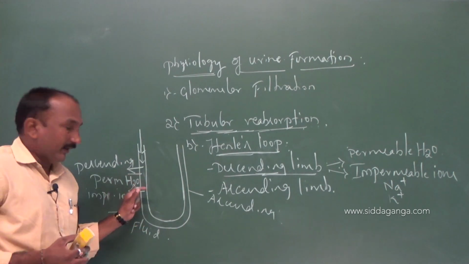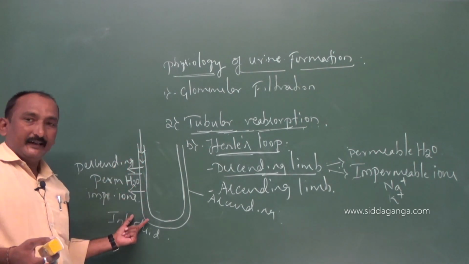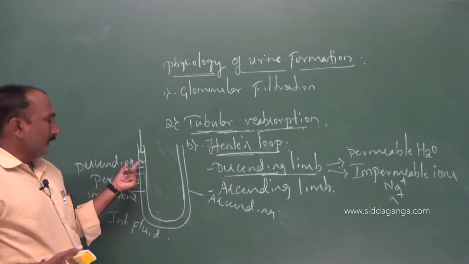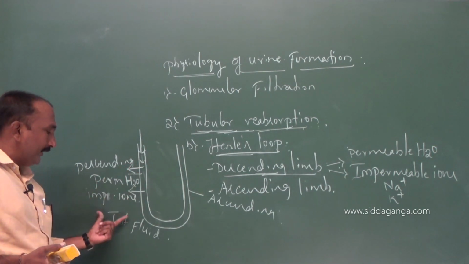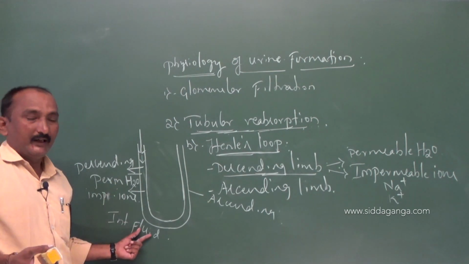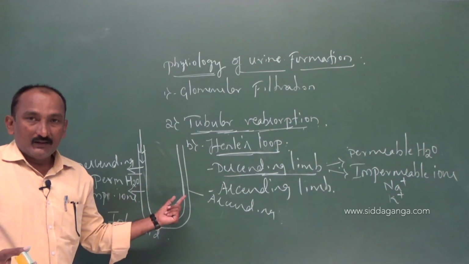So, while the filtrate moves through the descending limb, because of its permeability to water, the water will be reabsorbed into the interstitial fluid, that is the fluid in between the nephrons.